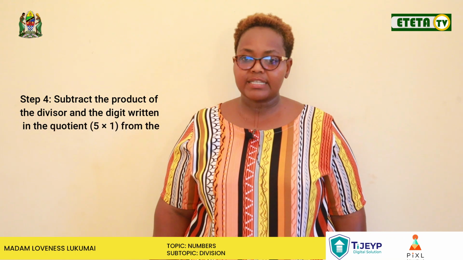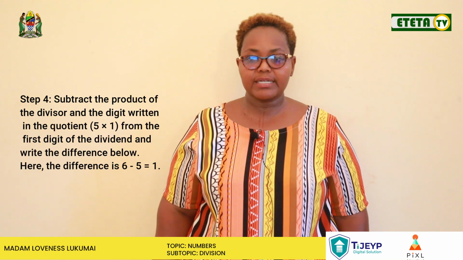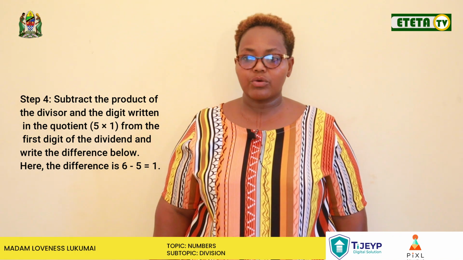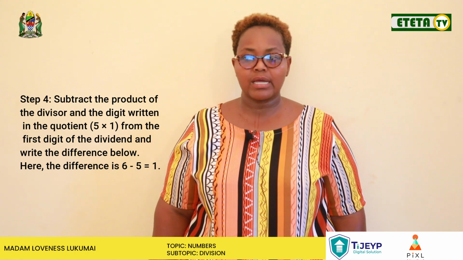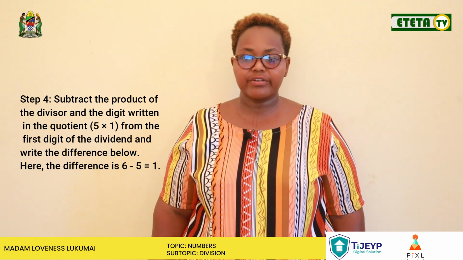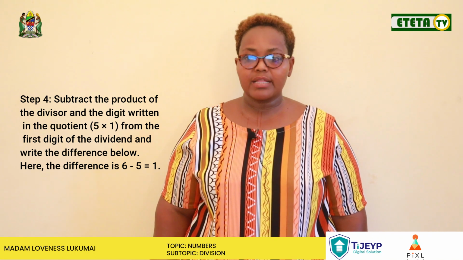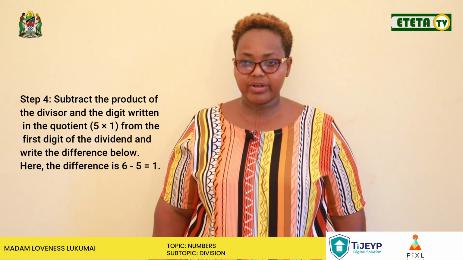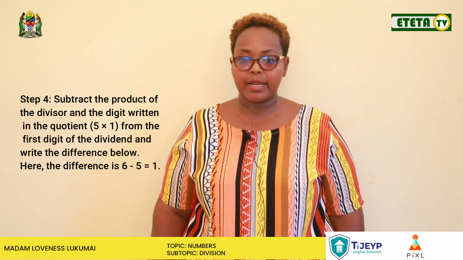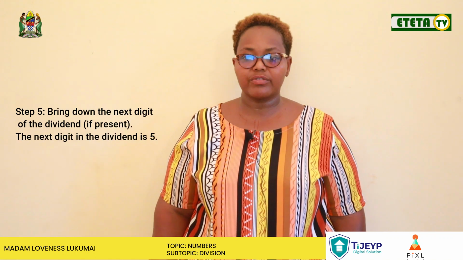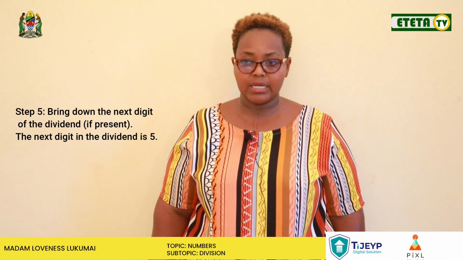Step 4. Subtract the product of the divisor and the digit written in the quotient, 5 times 1, from the first digit of the dividend, and write the difference below. Here the difference is 6 minus 5, which is equal to 1. Step 5. Bring down the next digit of the dividend if present.